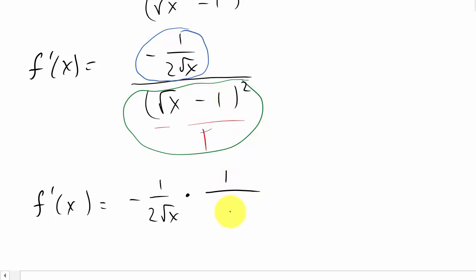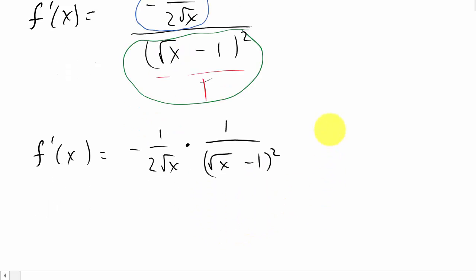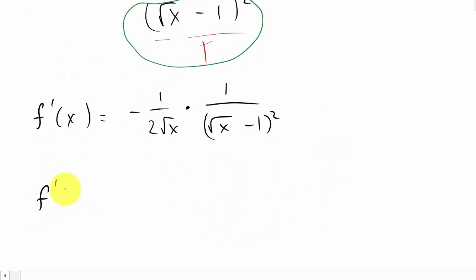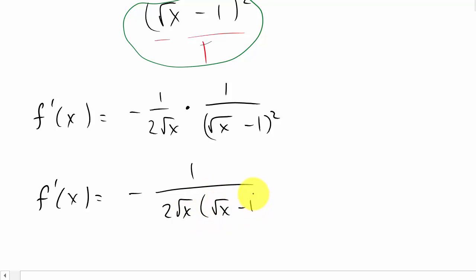So that's 1 over square root of x minus 1 squared. And so I get f prime of x is equal to negative 1 over 2 square root of x times square root of x minus 1 squared.